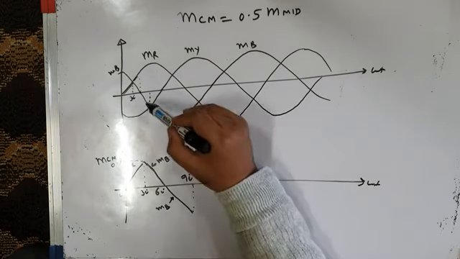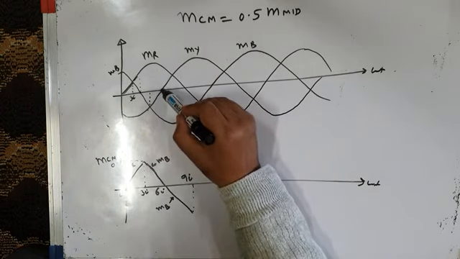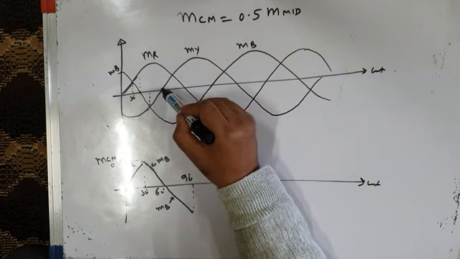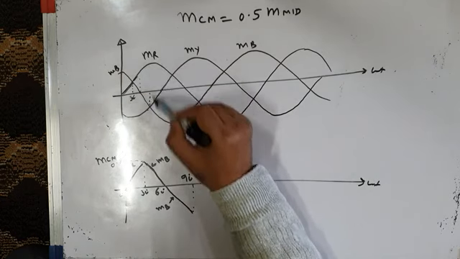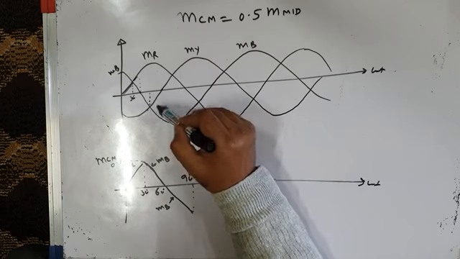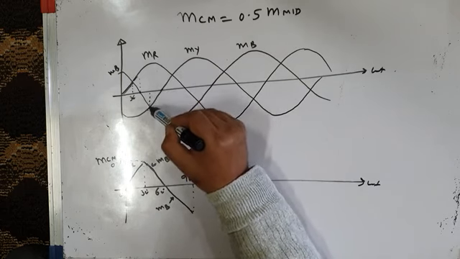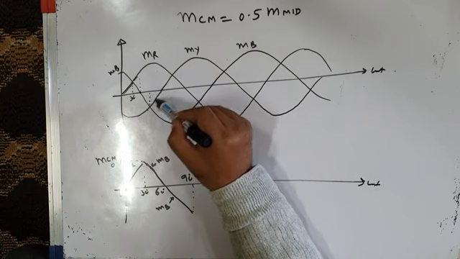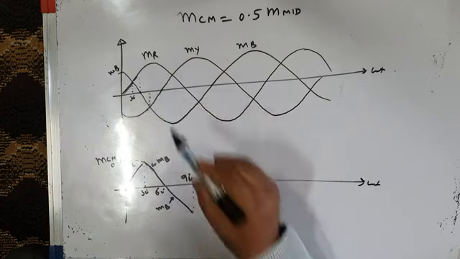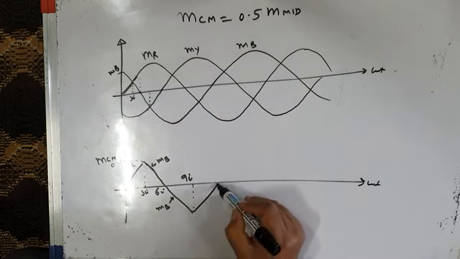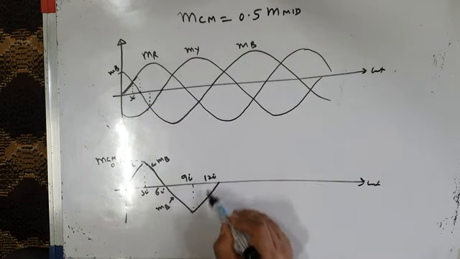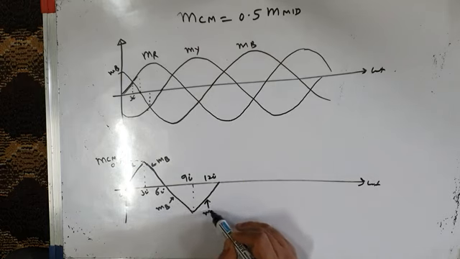Now let us go ahead to 90 to 120 degrees. From 90 to 120 degrees, MR is M max, MB now becomes M min, and which one becomes the middle one? The middle one is MY. So from 90 to 120 degrees, MY is M mid.